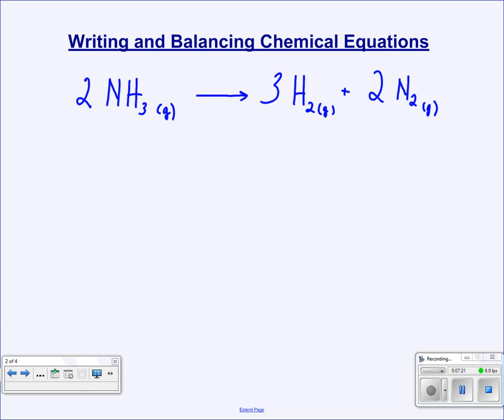But this reaction won't happen unless you heat this reaction mixture up to 300 degrees.